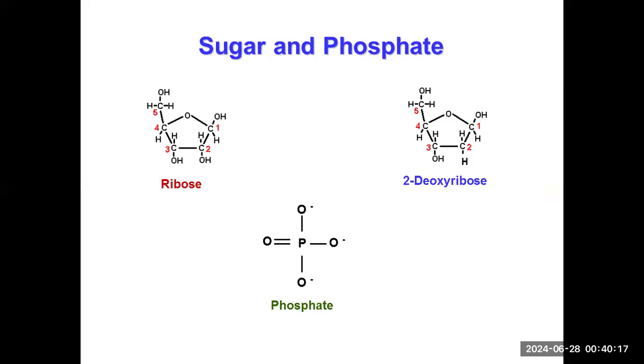Purine and pyrimidine bases are present in the form of nucleotides, meaning that they are attached to sugar and phosphate. The sugar present in nucleic acid is ribose in RNA and deoxyribose in DNA. And the phosphate is present in both.